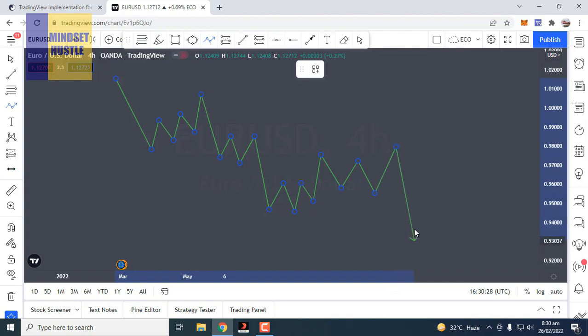So market is not just a linear kind of movement. All right, market doesn't just go in a straight line.